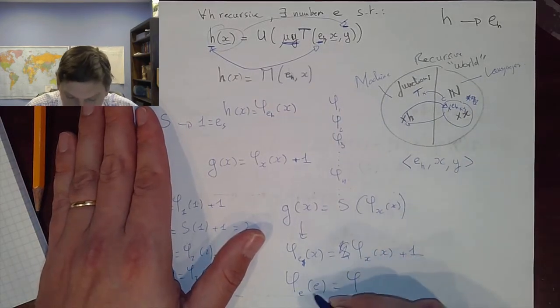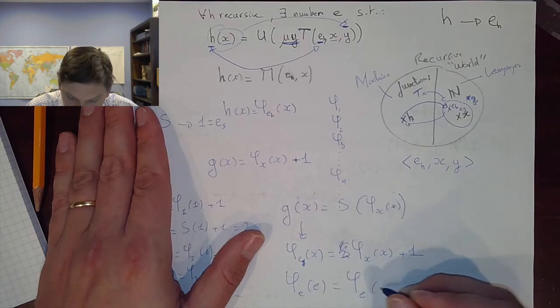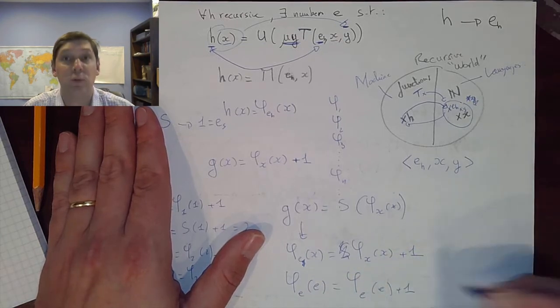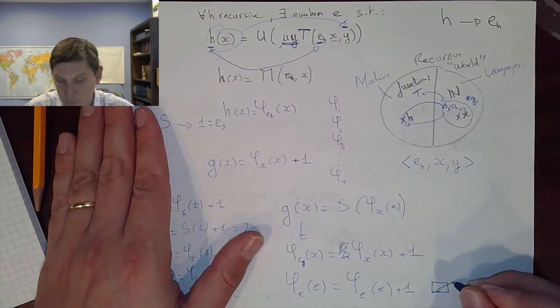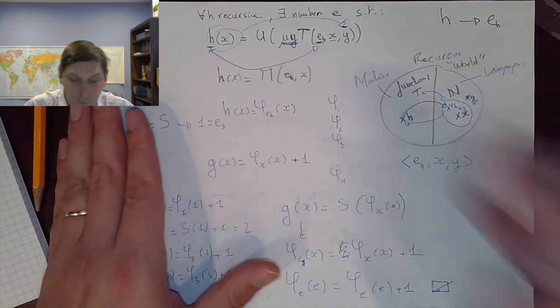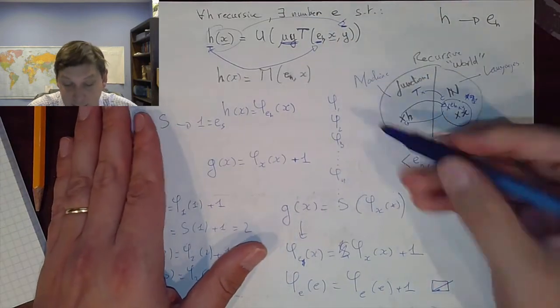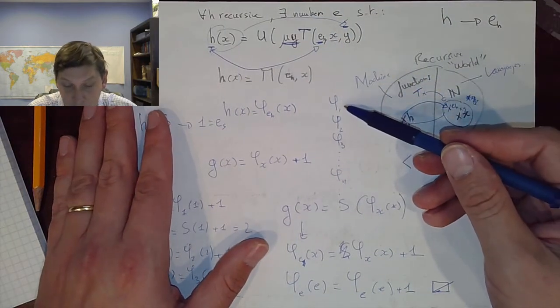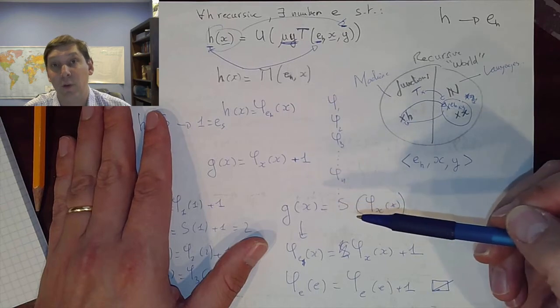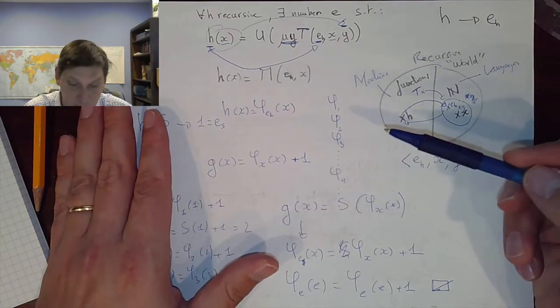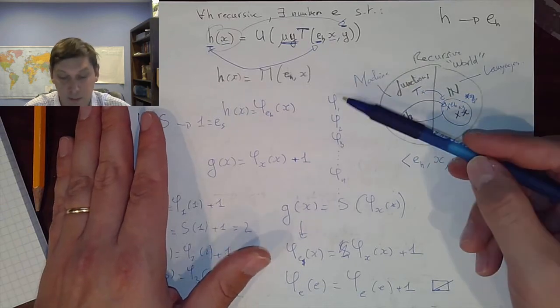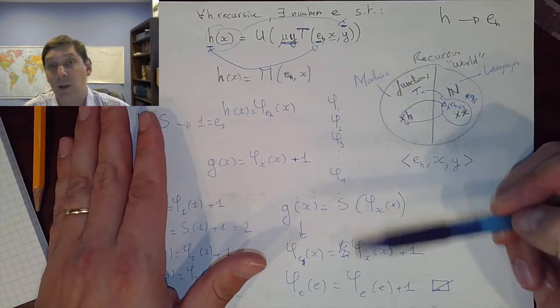Well, I have phi e of e equals phi e of e plus 1, which is a contradiction, right? So therefore, we cannot say that there is an enumerable set of all recursive functions. Let's put it differently, there is no function phi that enumerates all recursive functions.